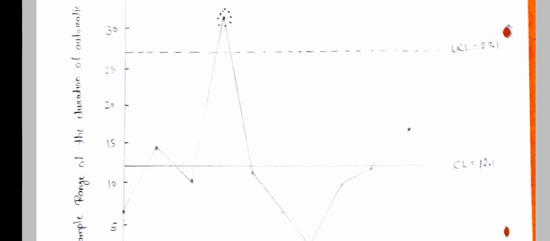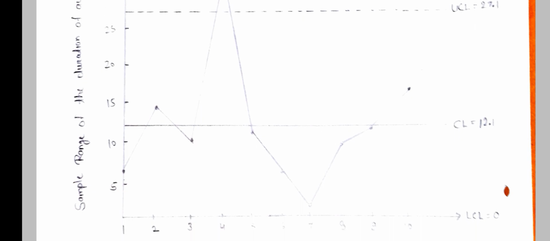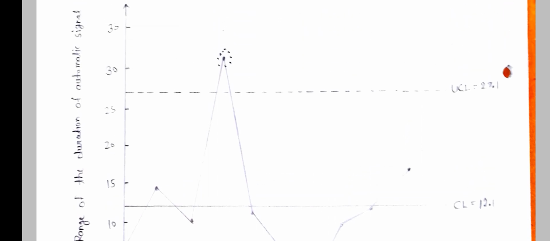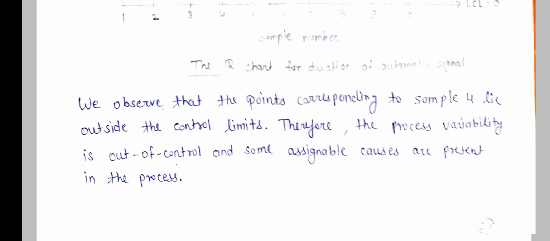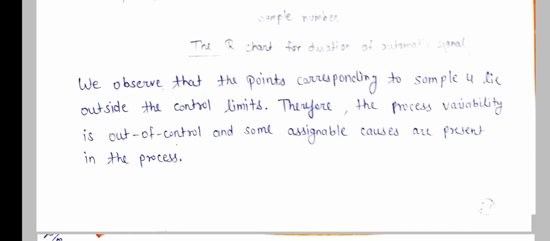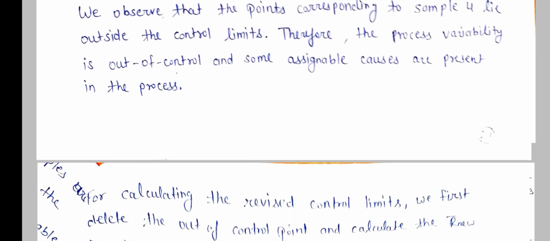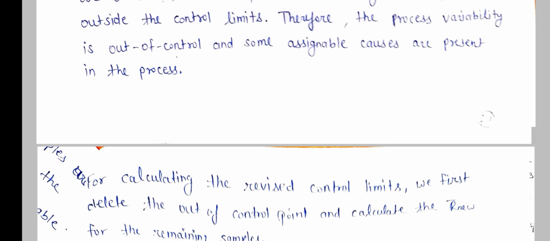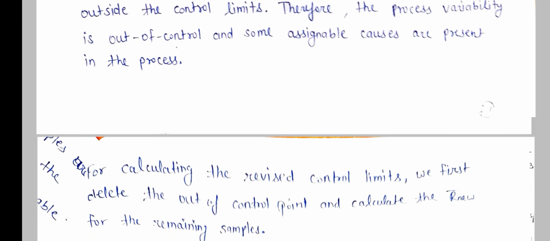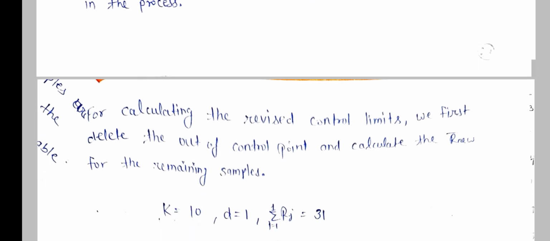We will put the R values in, and we see that only one point is outside the control limits, which is the fourth subgroup. So the point corresponding to sample 4 lies outside the control limits. Therefore the process variability is out of control and some assignable causes are present in the process.